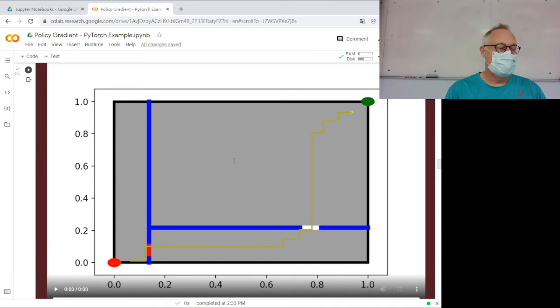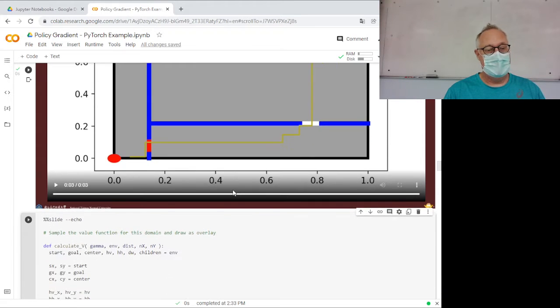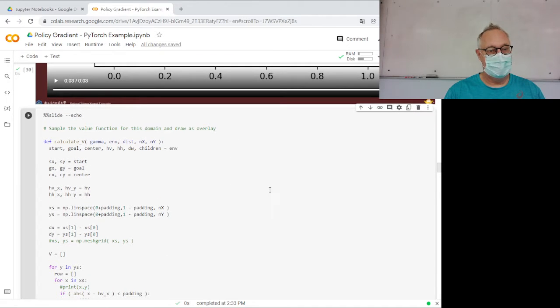So from a reinforcement learning point of view, we now have this optimal policy. The only reason why I implemented the optimal policy like that is so that we can see what the system has to learn, what we're trying to learn, and how close we are to learning the right function.